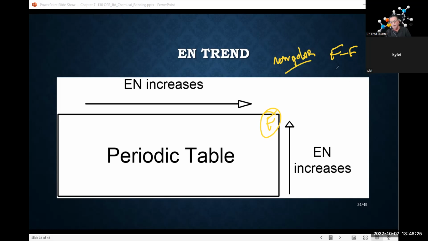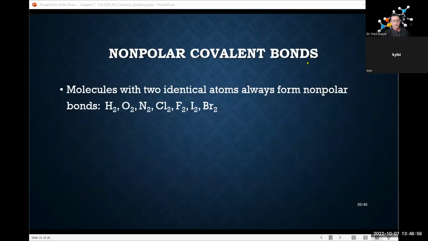However, if fluorine was bonded to anything else, let's say to nitrogen, then no questions asked. This is a polar bond. Furthermore, because fluorine is involved here, the electron density is pulled toward the fluorine automatically. So we create a pole, a dipole specifically, two poles, a positive end and a negative end, okay? And we're going to talk about how to designate that.